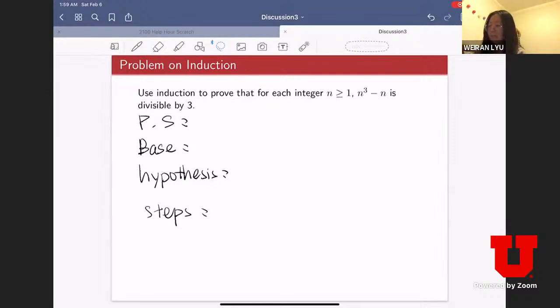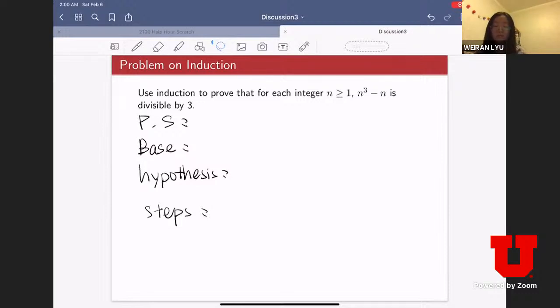The base case would just be, we want to prove that n cubed minus n is divisible by 3 for each integer n is greater or equal to 1.